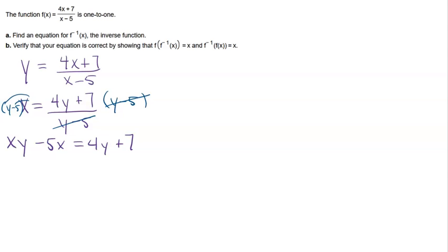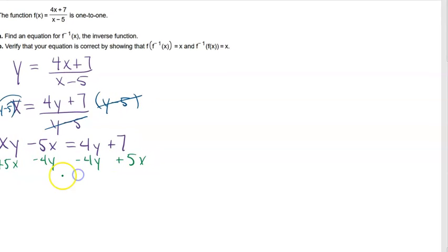I'm going to subtract, we'll do this in a different color to make it clear, this 4y to this side. So I'm going to minus 4y and I'm going to minus 4y. Also, this minus 5x, I don't need it on this side, so I'm going to move it to this side. So I'm going to add 5x. I'm just adding underneath. I'm not putting it under like terms or anything like that.